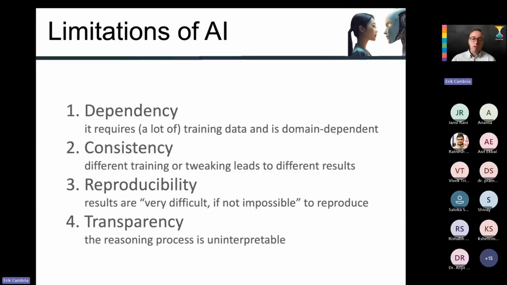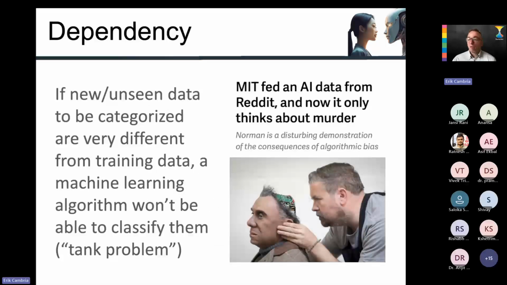So we can start with the limitations of AI to then move forward. And these are the four main limitations. So one is, as we mentioned, when you do supervised learning, or in general, when you do training of a model, even a large language model or pre-trained language model, your model in the end is going to be as good as your data.